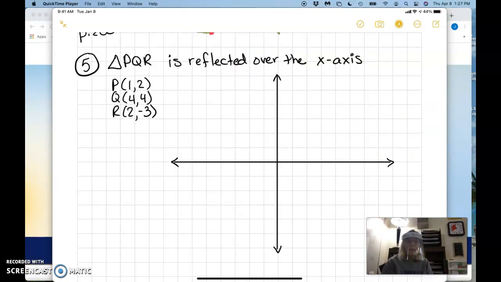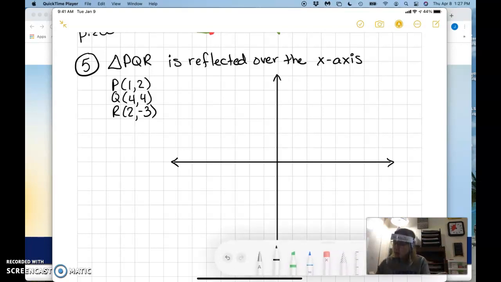For number 5, it tells us triangle PQR is reflected over the x-axis. So first, they give us the information of where P, Q, and R are at. So first, let's plot this triangle and see what it looks like. So I'm going to go over 1 and up 2. That's P. Remember, always label your points.